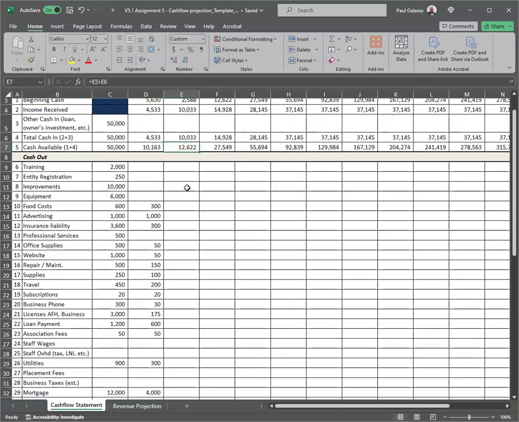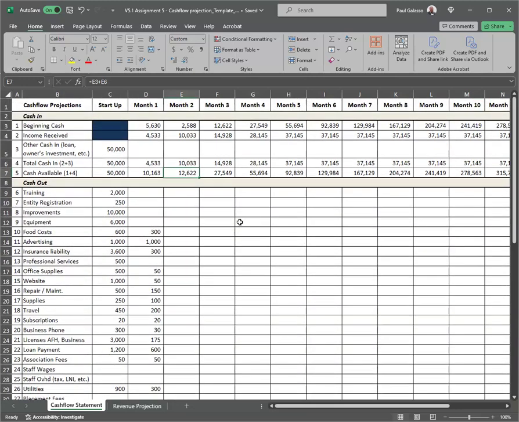Now we go through and do the exact same thing for month two. So our food costs, because we now have two residents, is going to be $600. Our advertising, we're going to continue to spend so that we can get our house full quickly. So we're going to spend another $1,000 in month two.